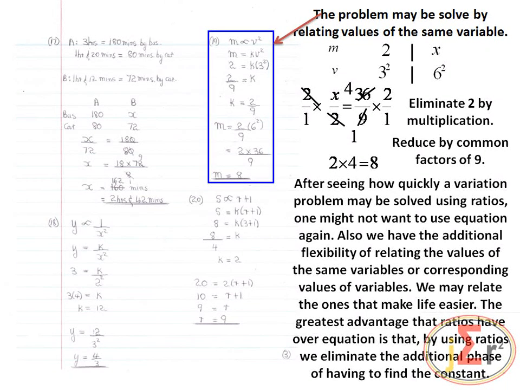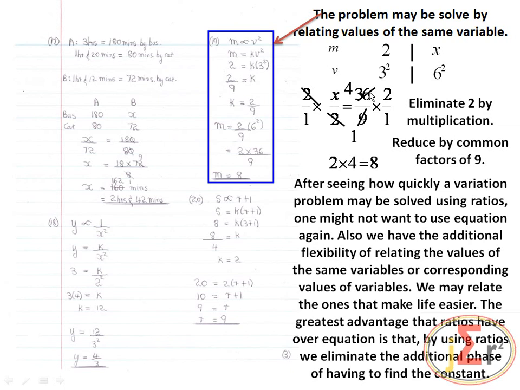The greatest advantage that ratios have over equations is that by using ratios, we eliminate the additional phase of having to find the constant. So we may use the proportionate relationship among the values in solving the problem, as we have done here and on the previous slide, or we may use an equation.